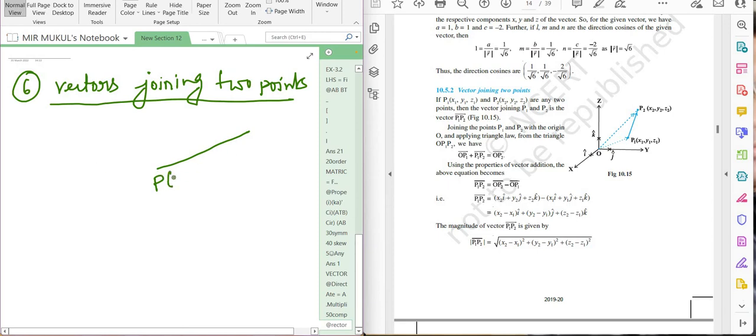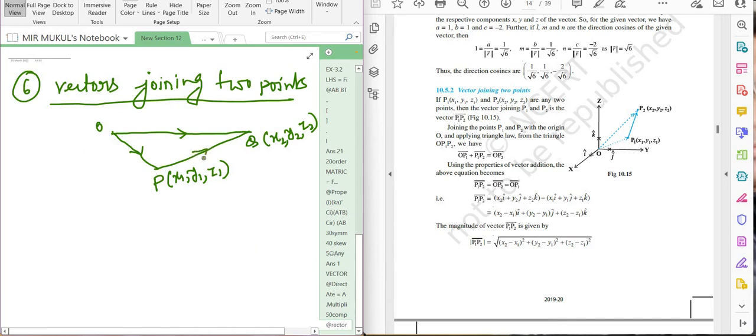Suppose its coordinates are x1, y1, z1, and suppose here is the origin. If you join OP, then OP is the position vector, and suppose coordinates of Q are x2, y2, and z2. So if you join it, then OQ will be the position vector of Q.